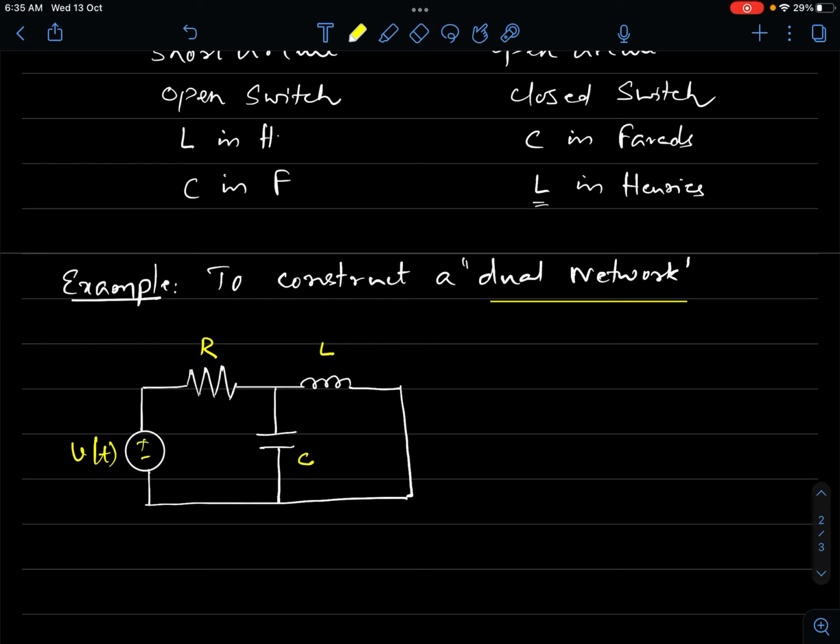So I told you there is a graphical construction technique. We have to follow a technique. So how to go ahead? Inside each loop or inside each mesh, you place a node. In a given network, inside each loop, you place a node and give it a number for convenience. There are two meshes.